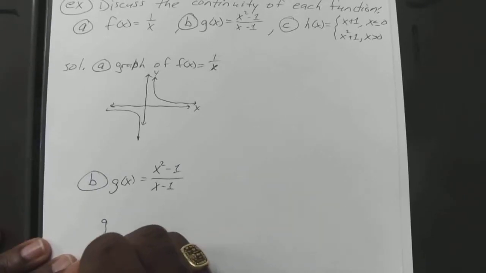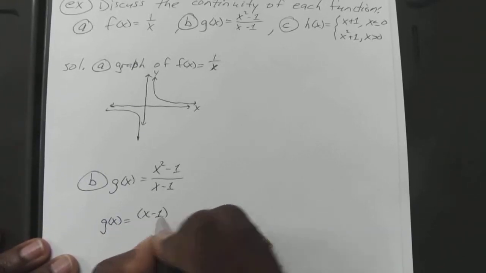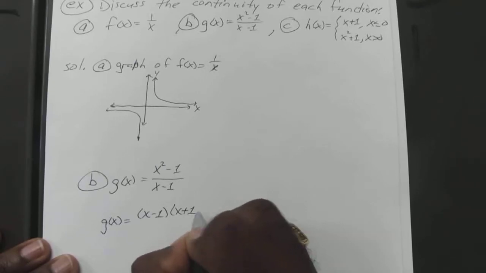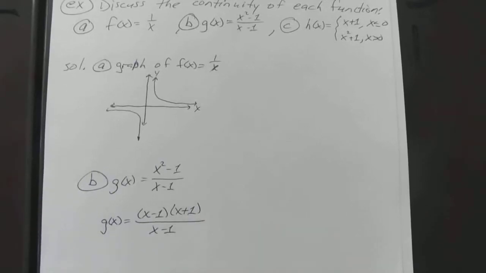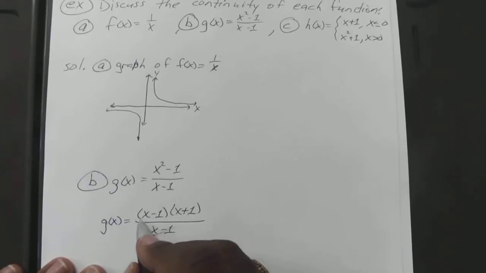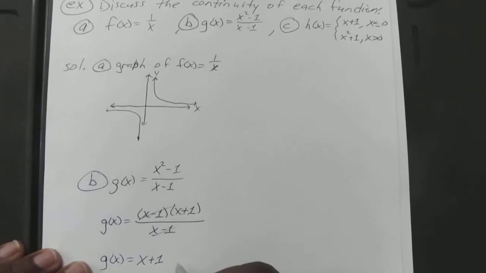So we can make that g of x equals x minus 1 times x plus 1 over x minus 1, which means these two will cancel out. So you end up with g of x equals x plus 1. The only thing is x still can't equal 1.